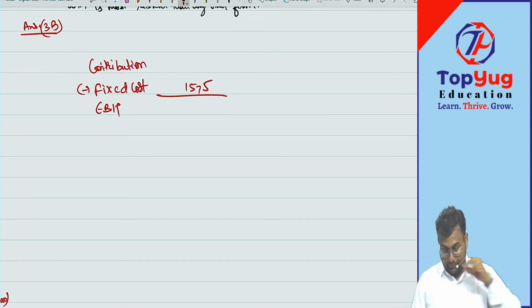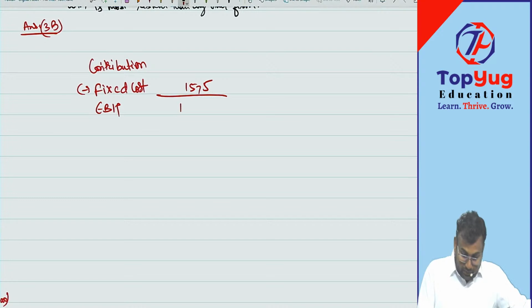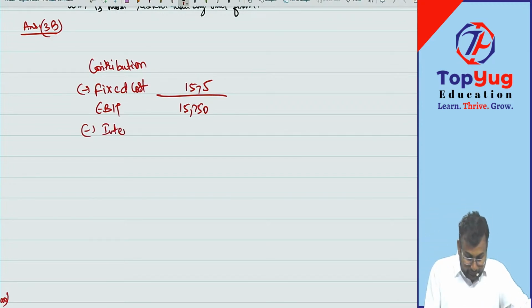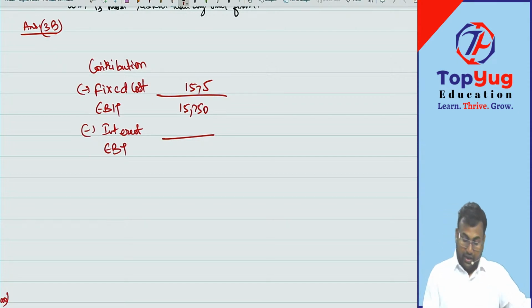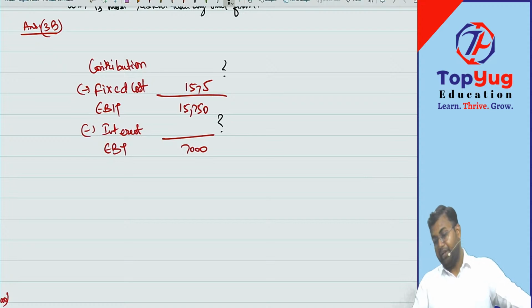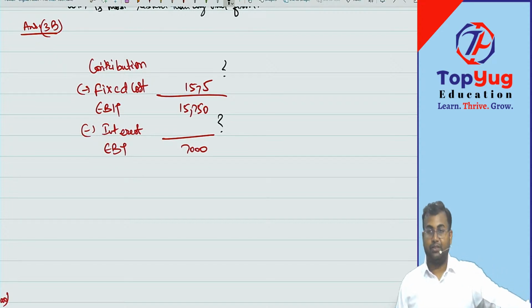Is it given to you? Minus interest. Again not given. Then EBT. That is 7,000. Yes. So this is a question mark. This is a question mark. Can you calculate these numbers, which are the question marks?